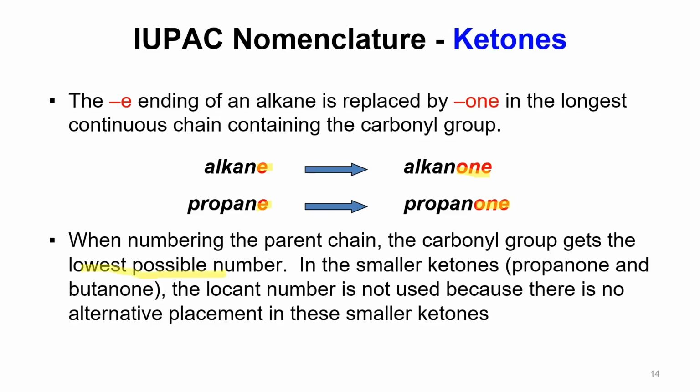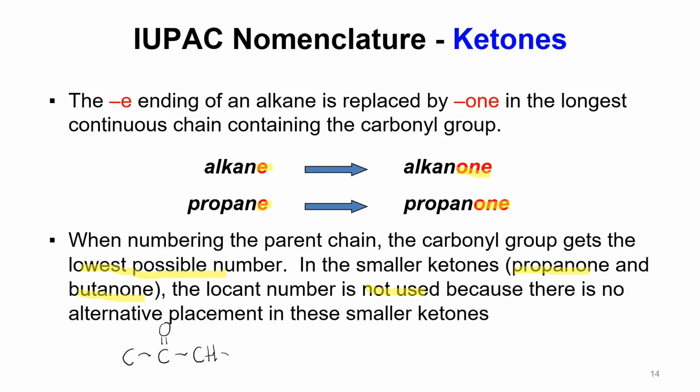In the smaller ketones, propanone and butanone, the locant number is not used because there is no alternative placement in the smaller ketones. The structure of propanone: propanone has 3 carbon atoms and carbon double bond O at carbon number 2.